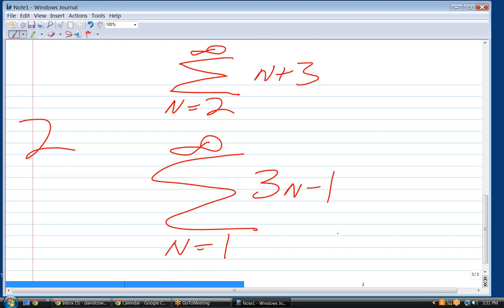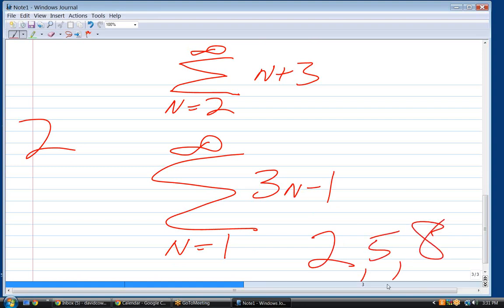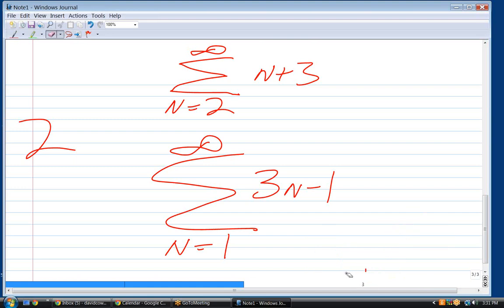Well, that gives me a first term of 2, a second term of 5, and a third term of 8. Very good. These are a little tricky. But you're right, those two series are the same series. The only difference is that this one starts n at 2, and this one starts n at 1.